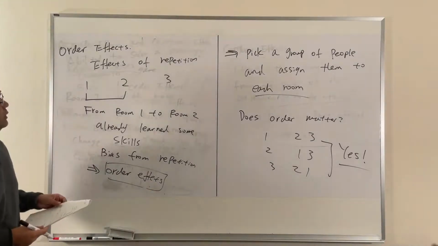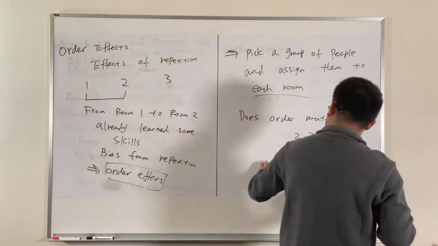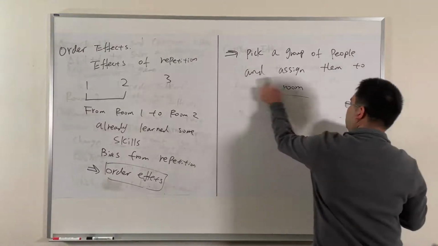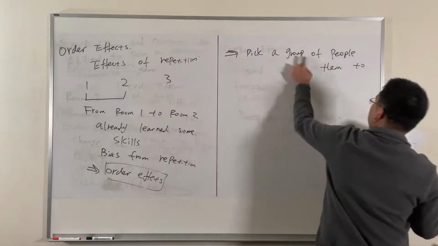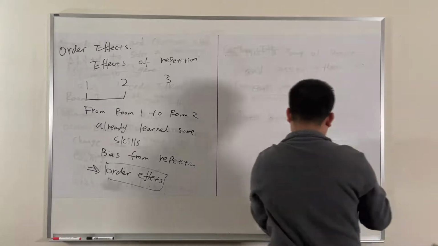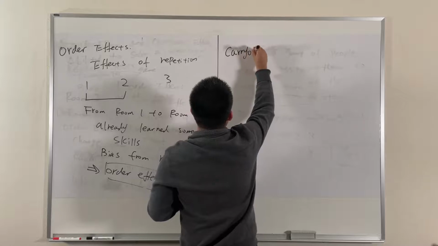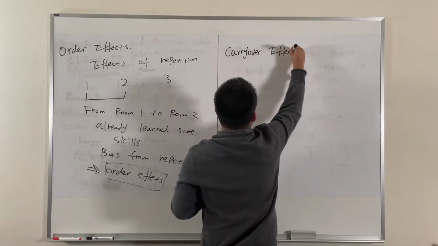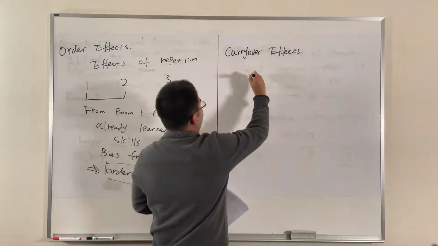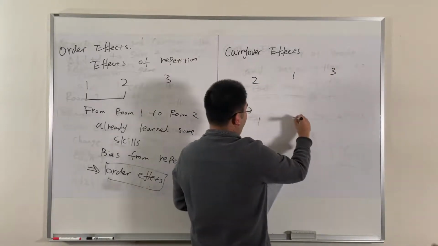So now let's talk about carryover effects. To demonstrate this, let me write out two orders: 2, 1, 3, and 1, 3, 2.